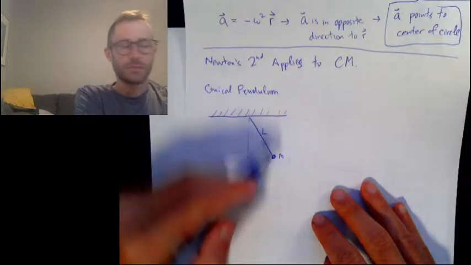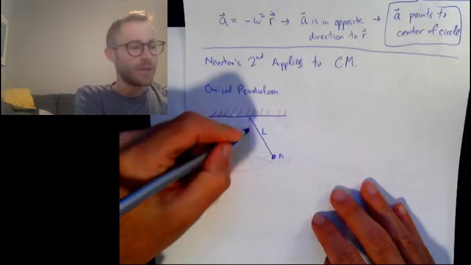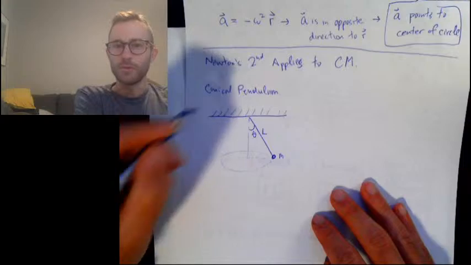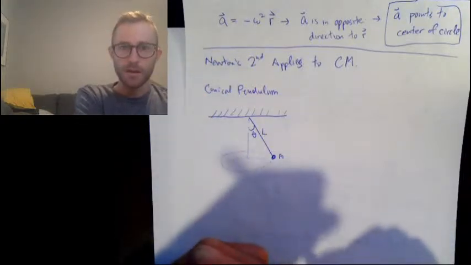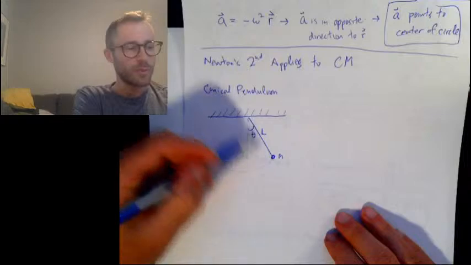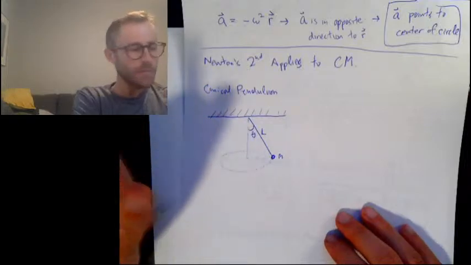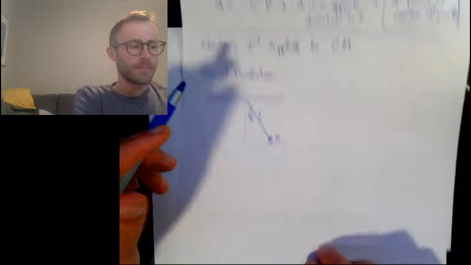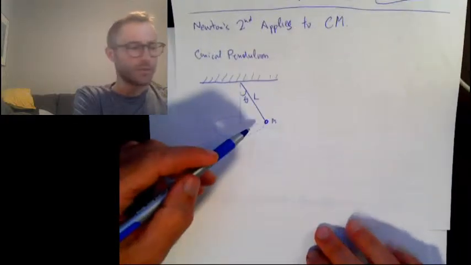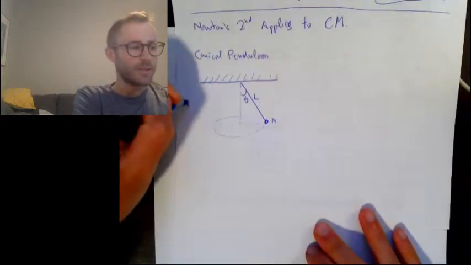Depending on the speed of the mass, it will make different angles with the vertical. So this is a three-dimensional view.